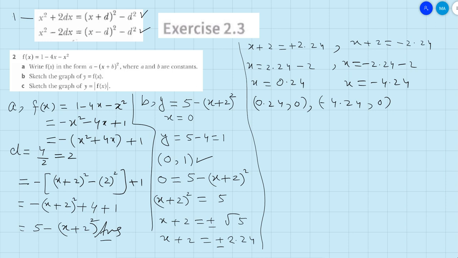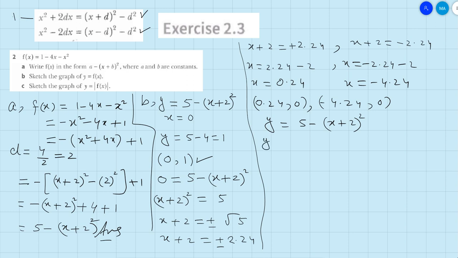And if we see the answer of the last part, y is equal to 5 minus (x plus 2) whole square, you can see the coordinates of the stationary points.